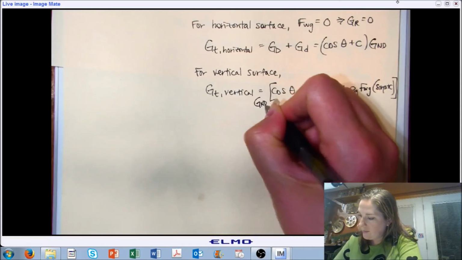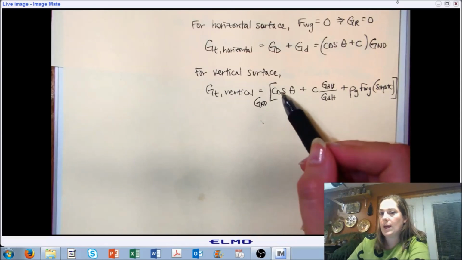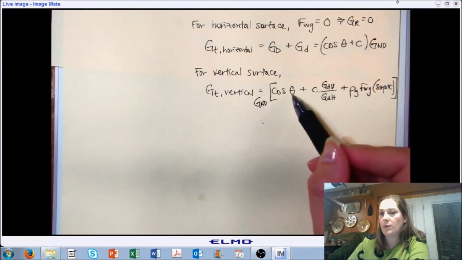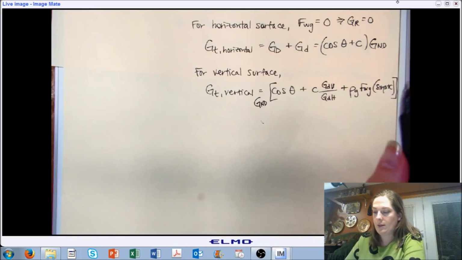I almost didn't leave enough space here, but this is the direct normal times all of these, the sum of the three coefficients for direct, diffuse, and reflected.